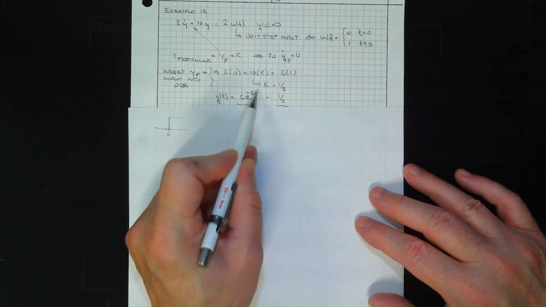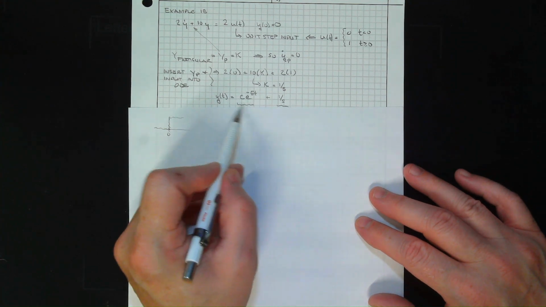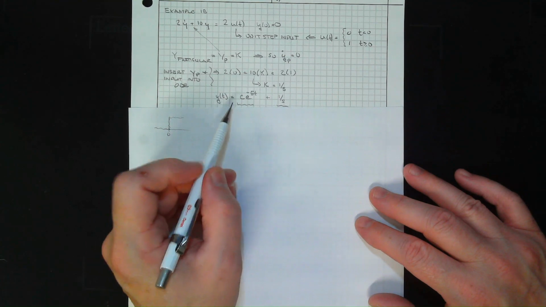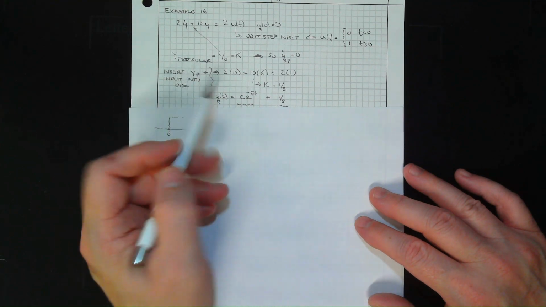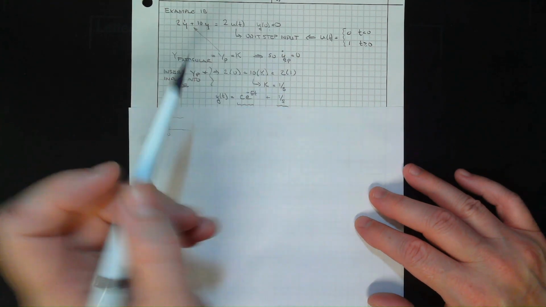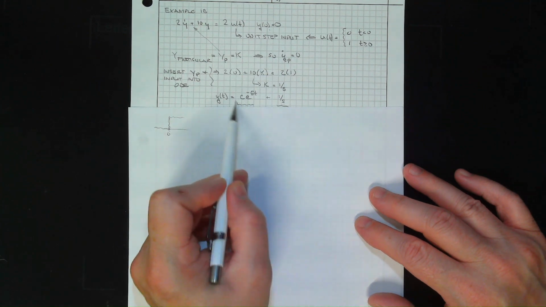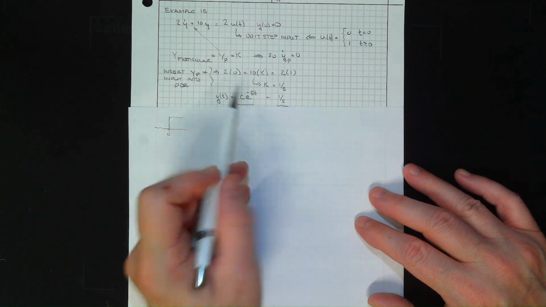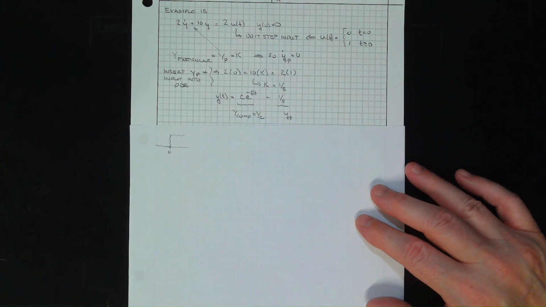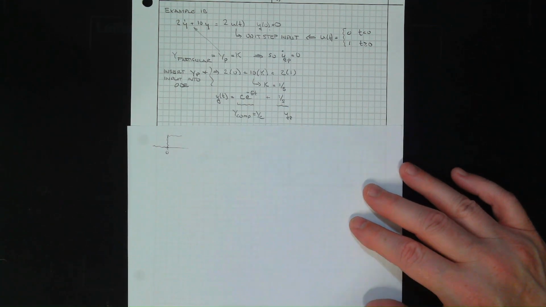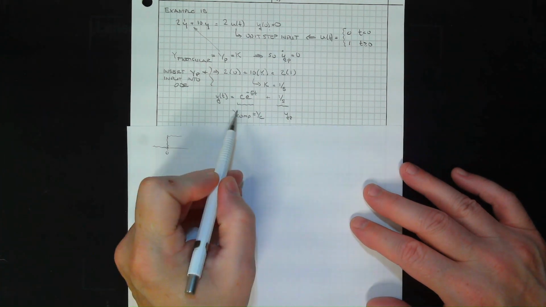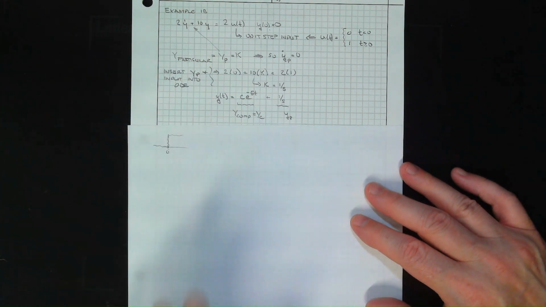This term is going to die off. This is the complementary solution. What does it do? It takes you from where you start, 0, and transitions you into your steady state. So this is a transient solution. Okay, it's taking you from one thing into another. So this is the complementary solution here.